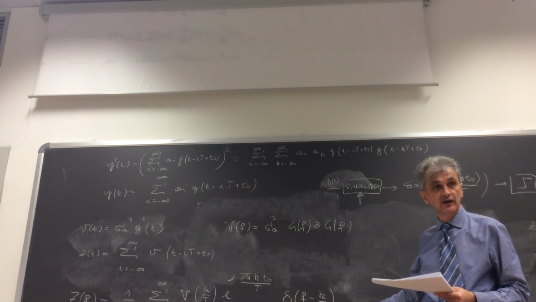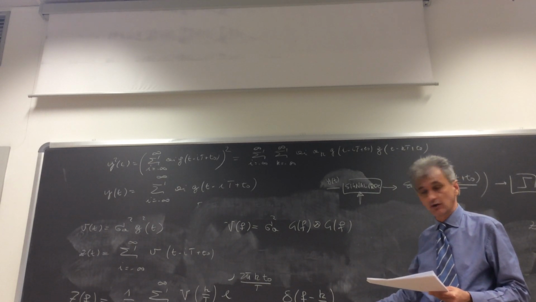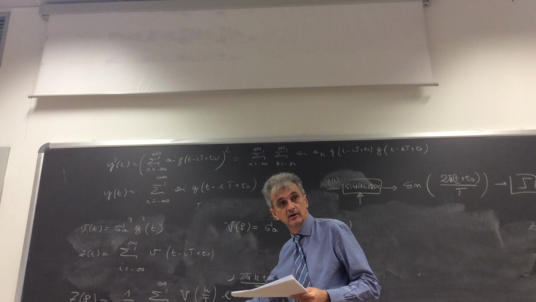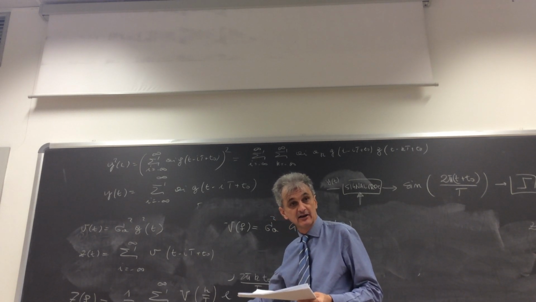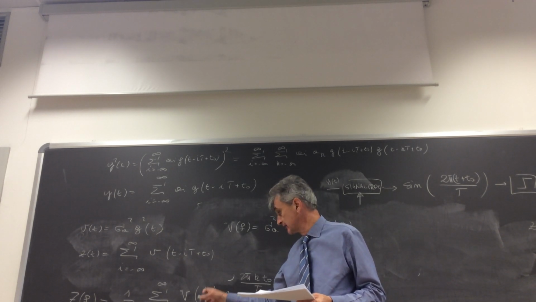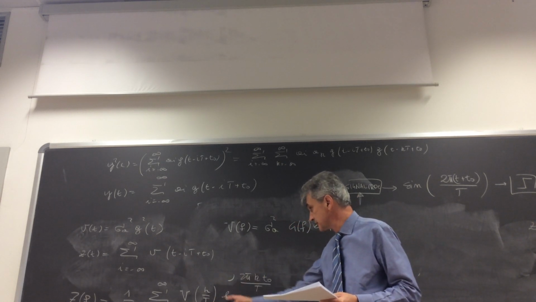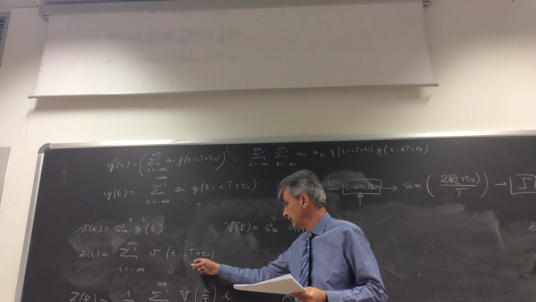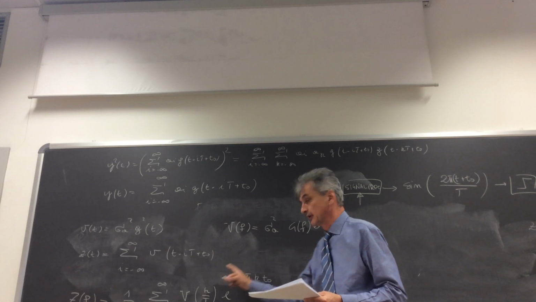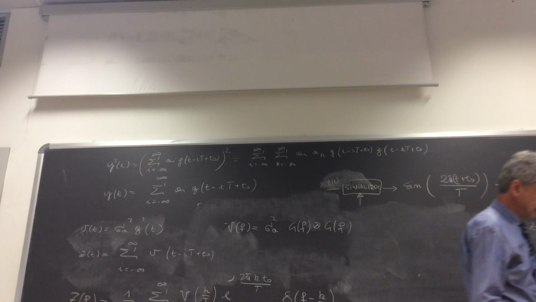So that is the Fourier series of Z. It is the sum of Dirac deltas. The weight of the Dirac delta is the Fourier transform of the basic impulse at k over capital T, and this is the delay in time, which becomes a complex exponential in the frequency.